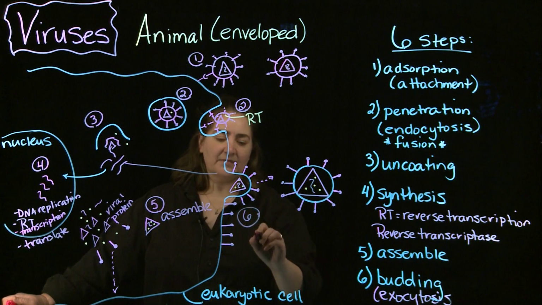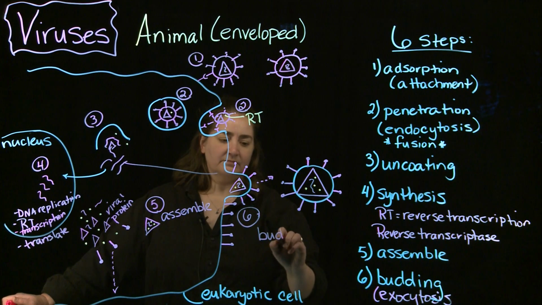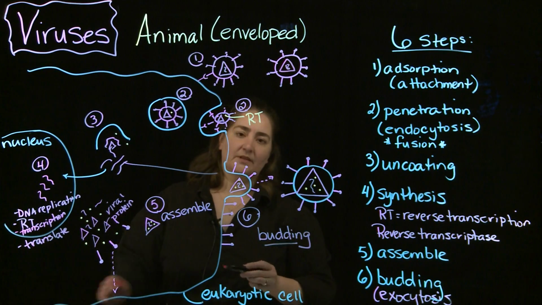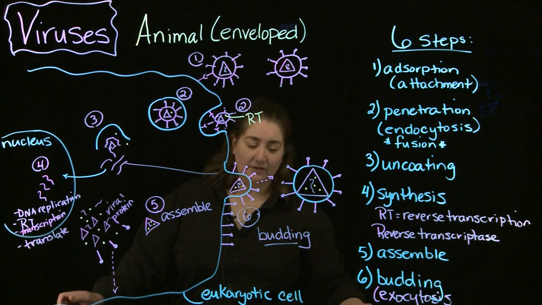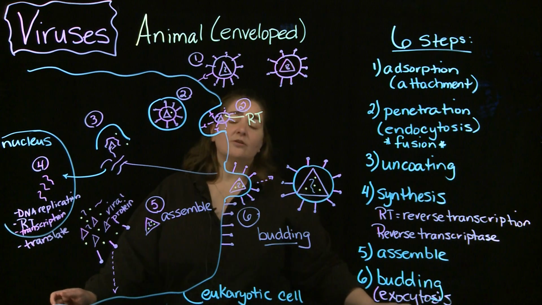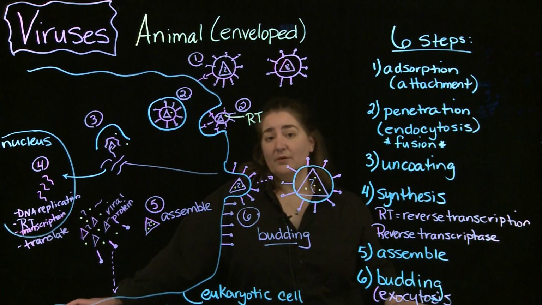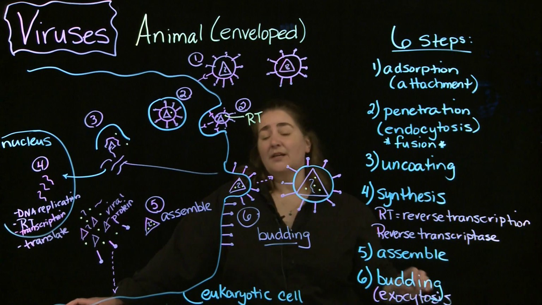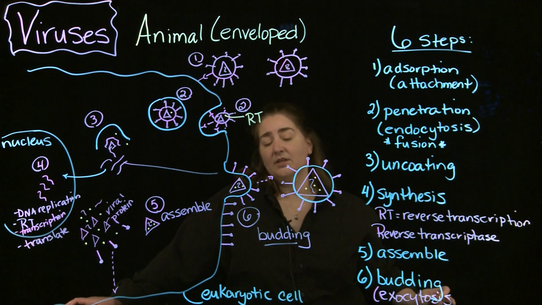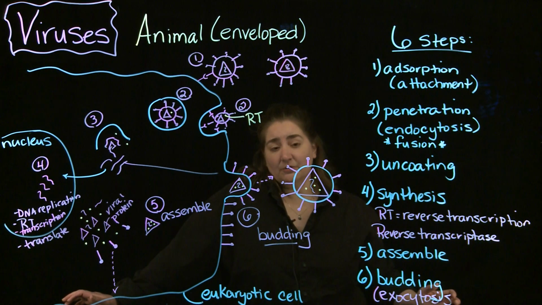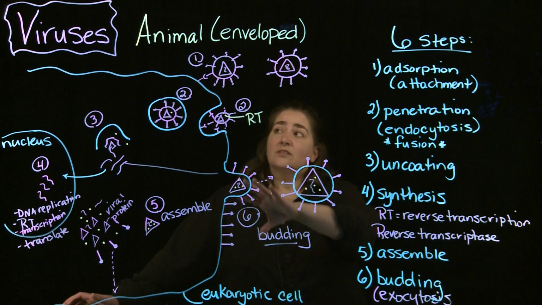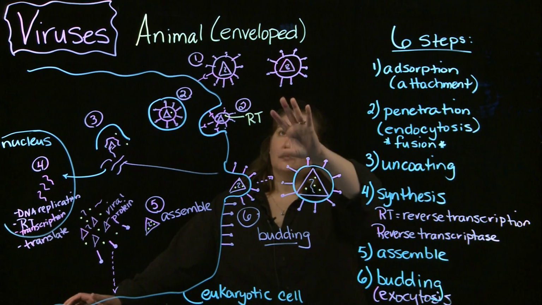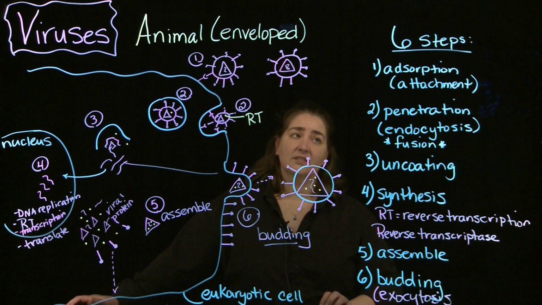Our last step then is going to be when that viral particle buds off of that eukaryotic cell. Okay? So that viral particle takes part of the host cell membrane with it. The cell membrane isn't made and isn't contained within the genetic material associated with the virus. Okay? It kind of steals from the eukaryotic cell. All right? So this is how replication is going to happen with an enveloped virus in a eukaryotic cell.